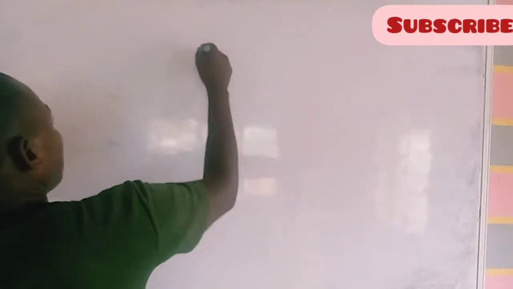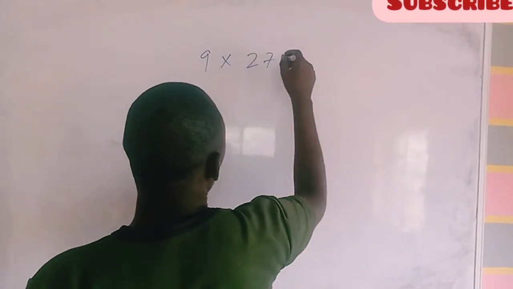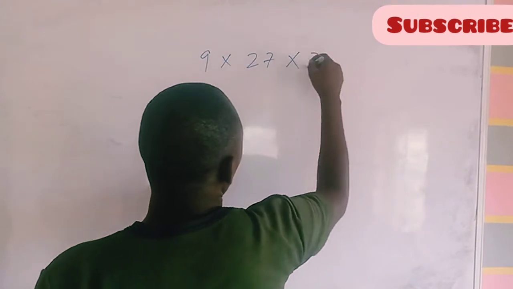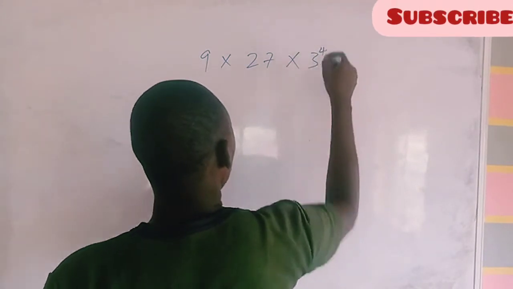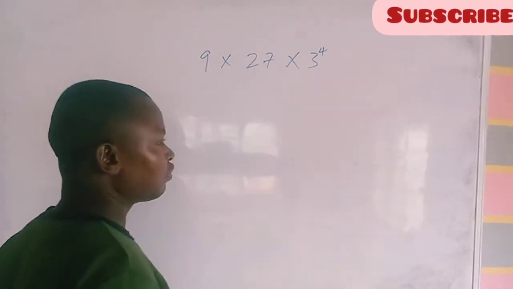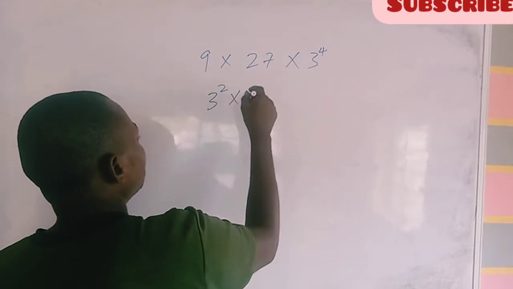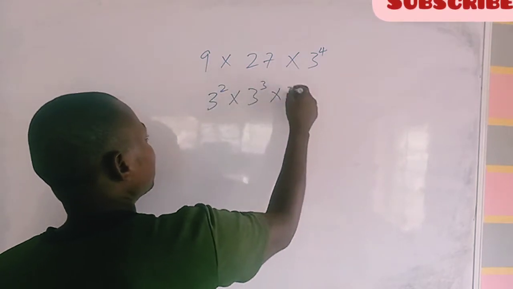You can have 9 times 27 times 3 raised to the power 4. So if you want to solve it, we just say we are having 3 raised to the power 2 times 3 raised to the power 3 times 3 raised to the power 4.